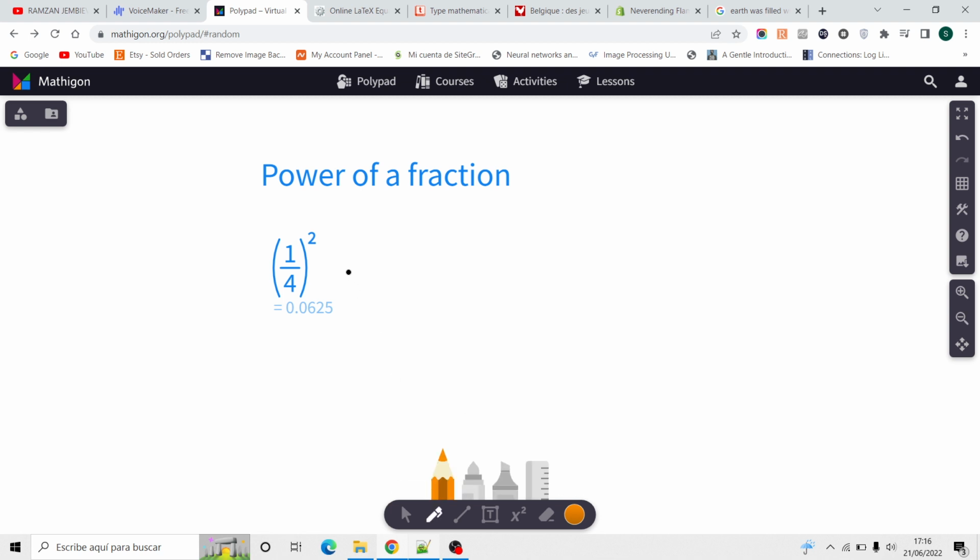So basically, what you do here is that you can distribute the power to the numerator and denominator. Okay. So it's 1 to the exponent 2 divided by 4 to the exponent 2. Okay. So 1 square is 1, and 4 square is 16.